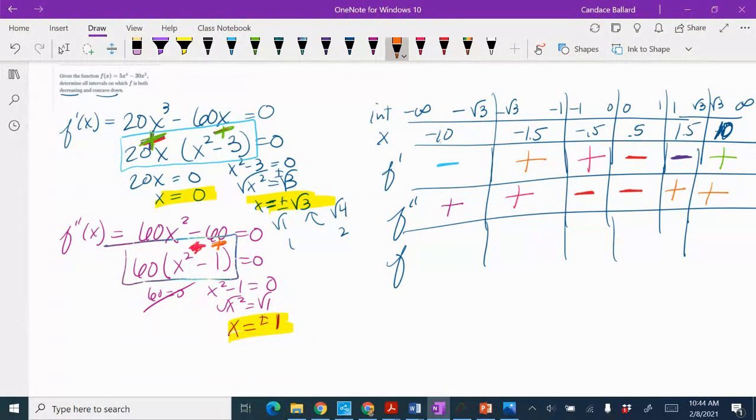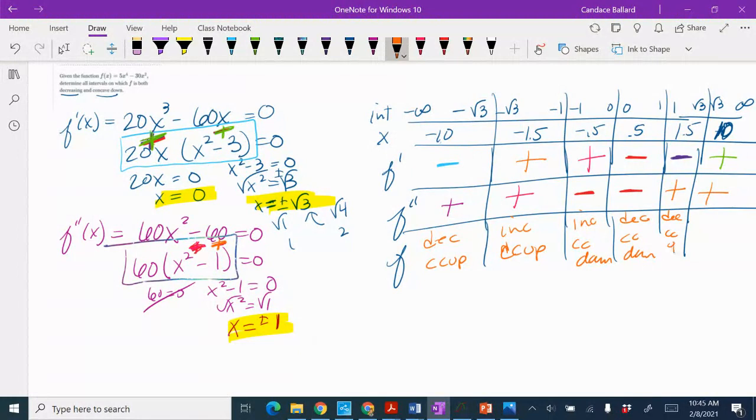The question was asking decreasing and concave down. So let's determine what's going on here. When I'm negative, I'm decreasing. Positive means concave up. Positive means increasing. Positive means concave up. Positive means increasing. Negative means concave down. Negative is decreasing and concave down.